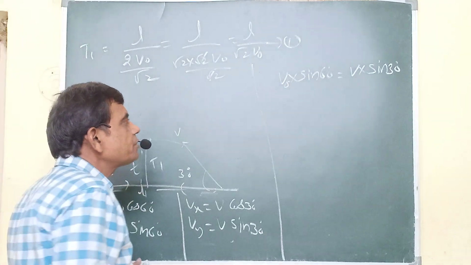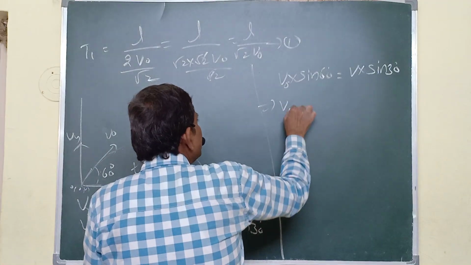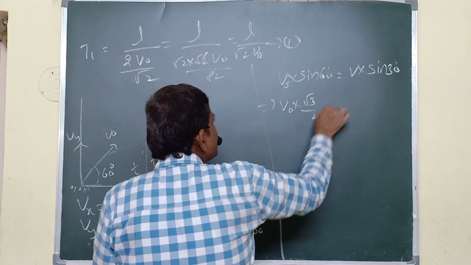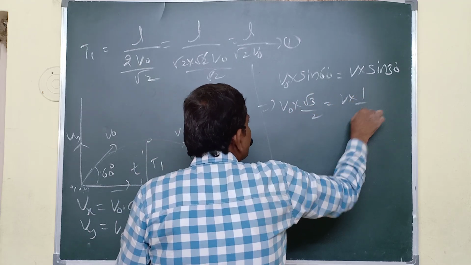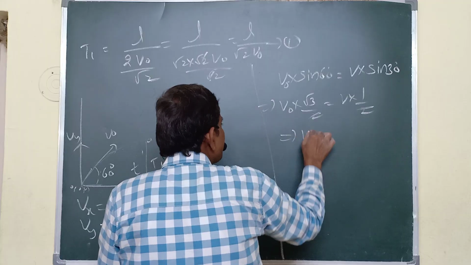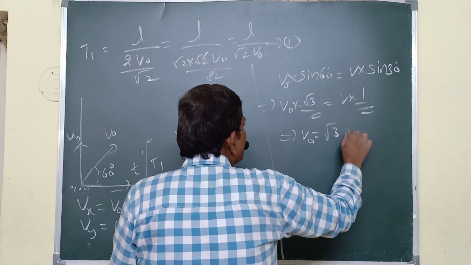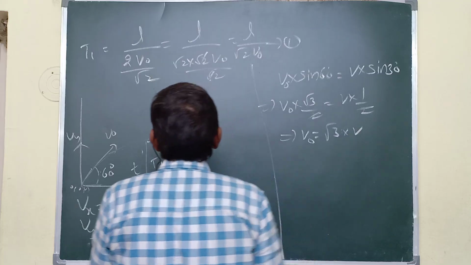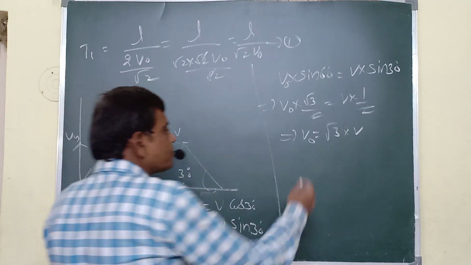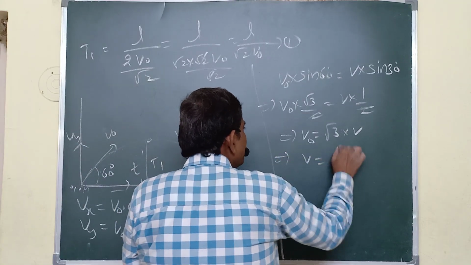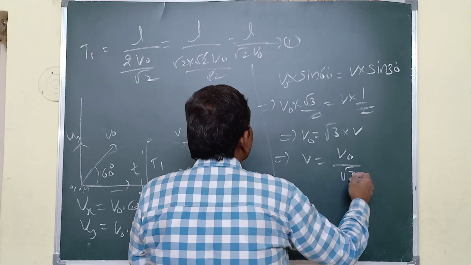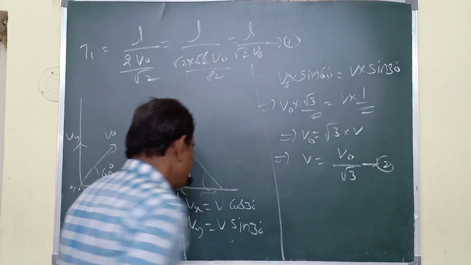Sin 60 value is root 3 by 2. So V naught into root 3 by 2 equals V into 1 by 2. Now what is the relation? V naught root 3 equals V. So V equals V naught root 3. This you take as the second equation.